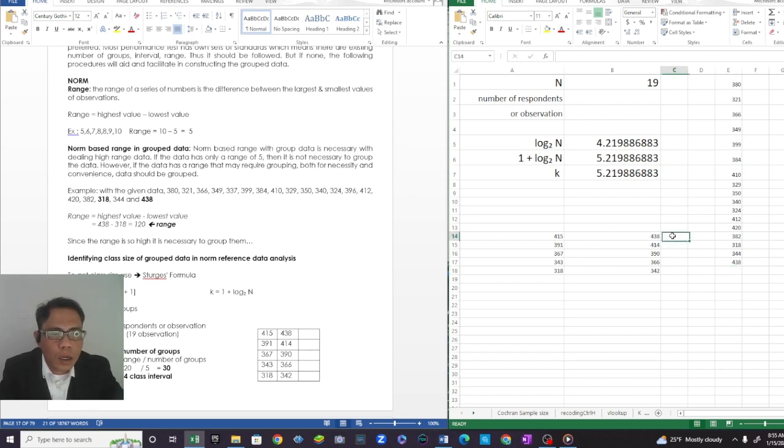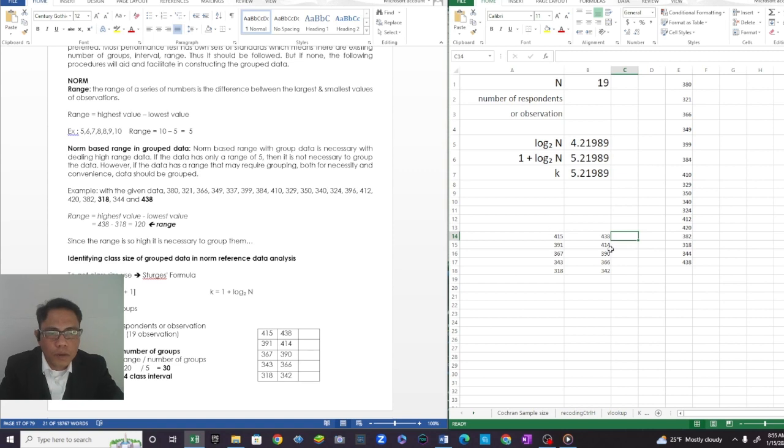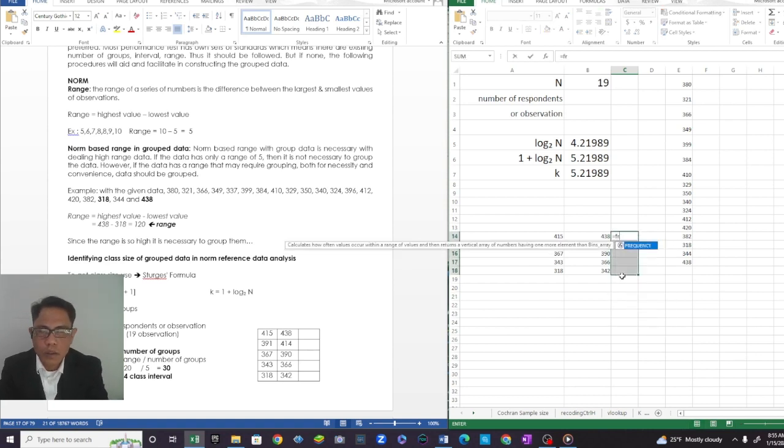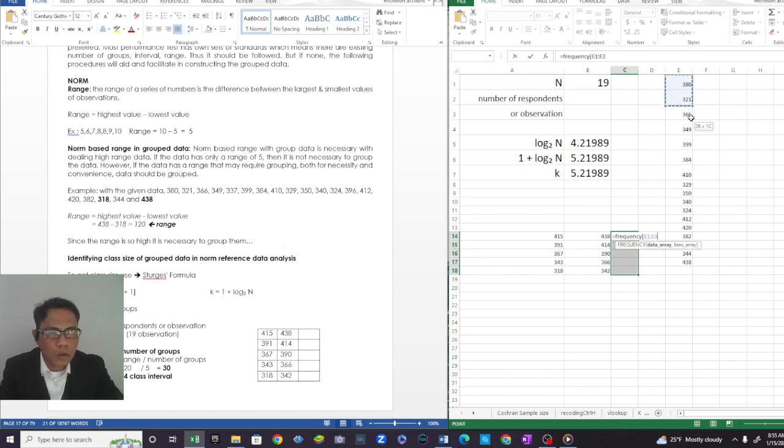So we want to count how many belong within the range of 415 to 438. I'll be teaching this one later when we do data analysis step by step, but for now let's just go through the process of showing how it goes.